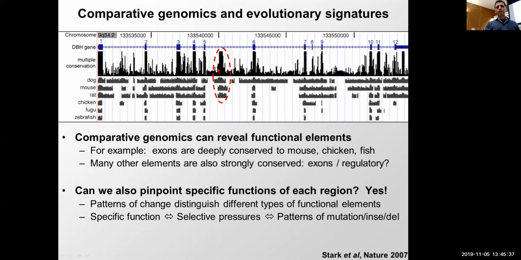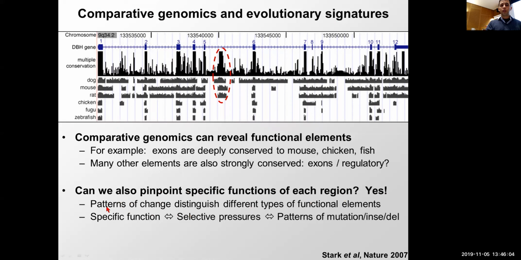Between exons 5 and 6, there's this region that shows very, very strong conservation, equal to all of the exons, but much less deep conservation, more like these intronic regions. So what is going on here? The question is, can we not only find what regions appear to be important, but also pinpoint the specific function within these regions? And the answer is yes.